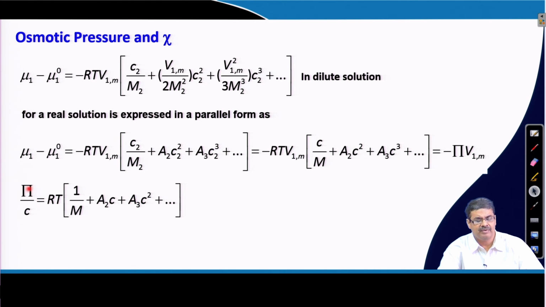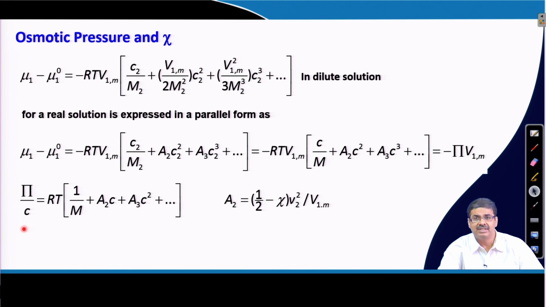If we now measure the osmotic pressure at different concentrations and plot pi by c with respect to concentration, from the intercept we can get the molecular weight, and from the initial slope we can get this A2 term. From there we can get the polymer solvent interaction parameter as well. This expression can also be used to determine the polymer molecular weight.